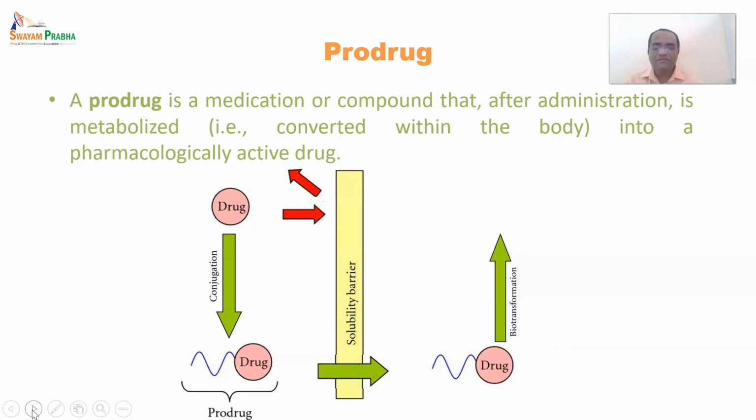The drug molecule is separated from the pro-moiety, which acts just as a carrier for the drug to cross this membrane. After metabolism, the drug is active. It enters a cell and shows activity towards a receptor.